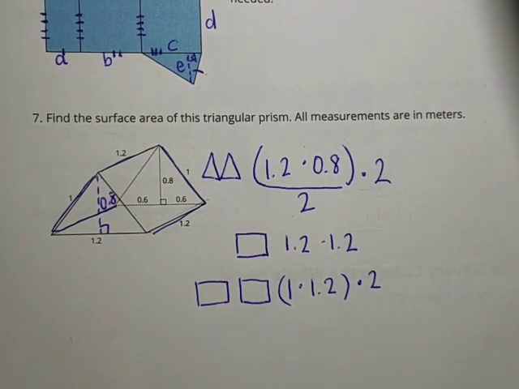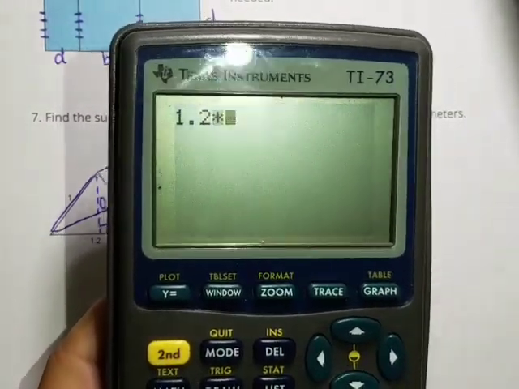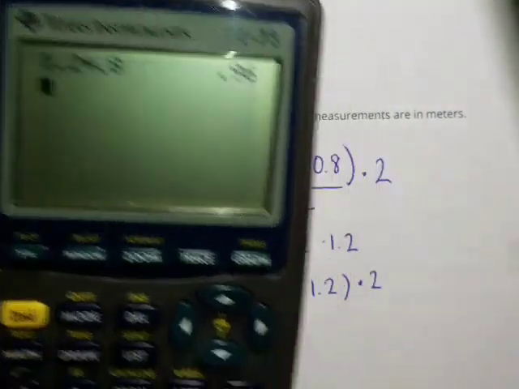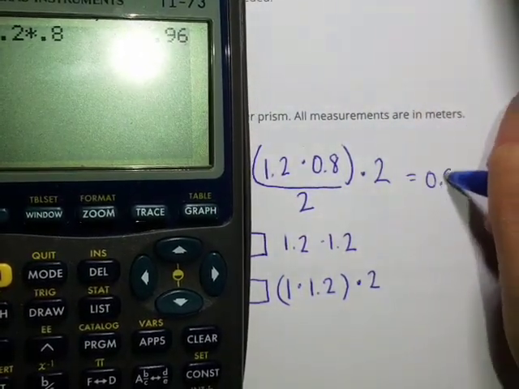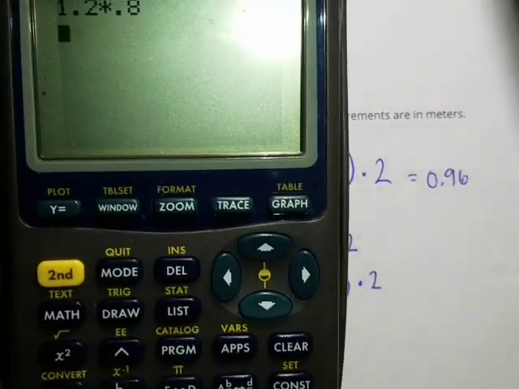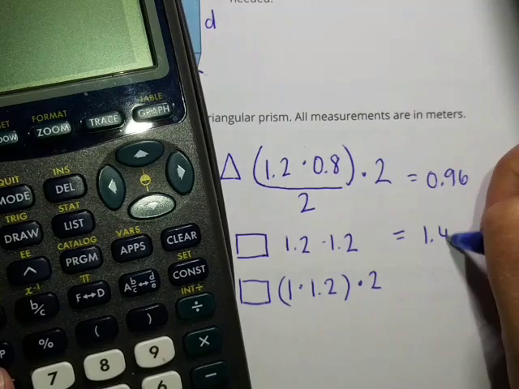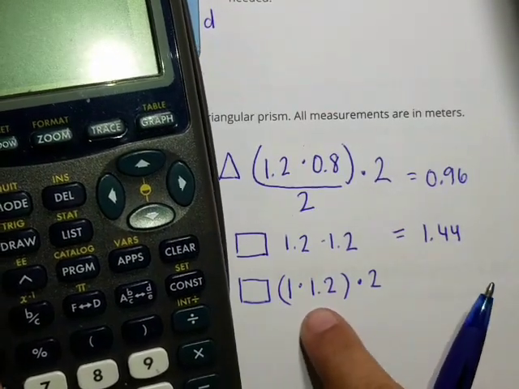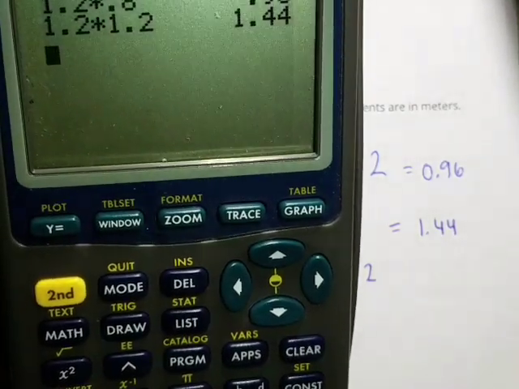And then I take my calculator and I can go ahead and figure that out. So 1.2 times 0.8 gives me 0.96. Divide by 2, then times by 2, so I'd still get 0.96. 1.2 times 1.2, 1.44. And then 1 times 1.2 is 1.2, and 1.2 times 2 is 2.4.